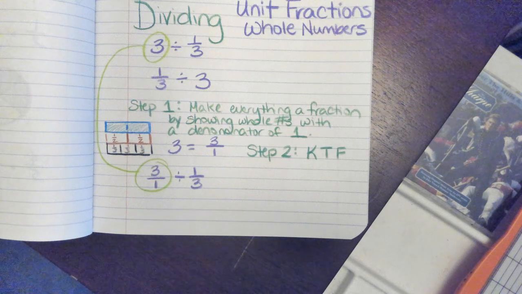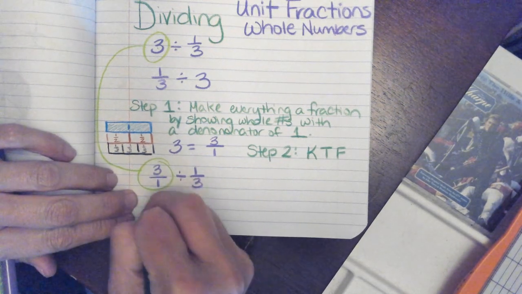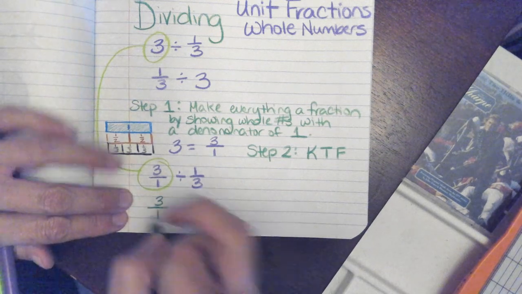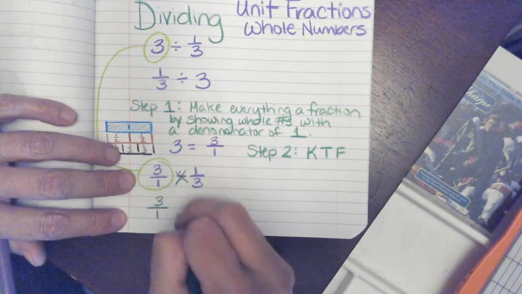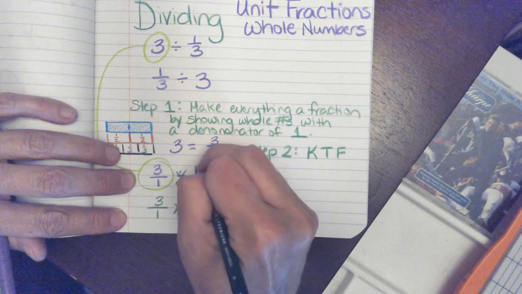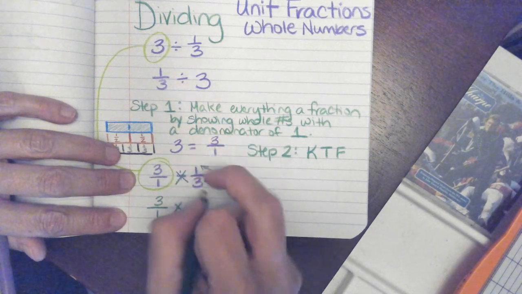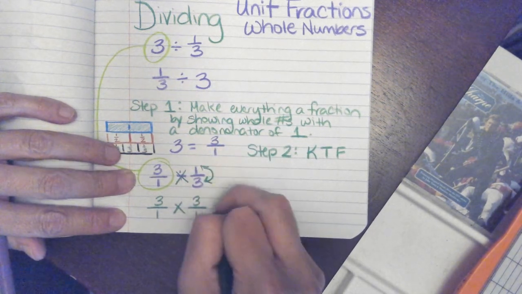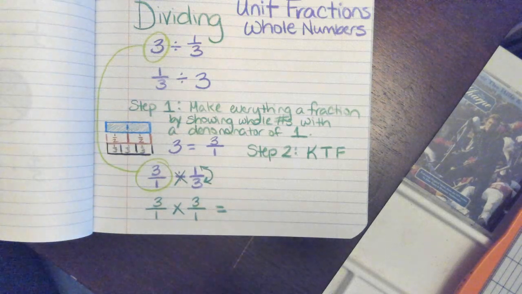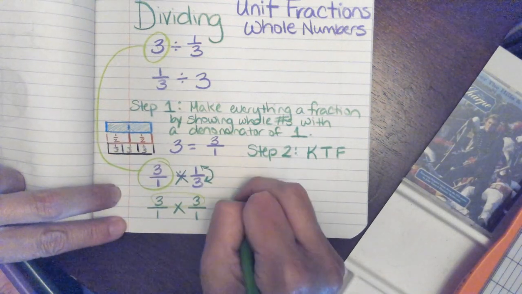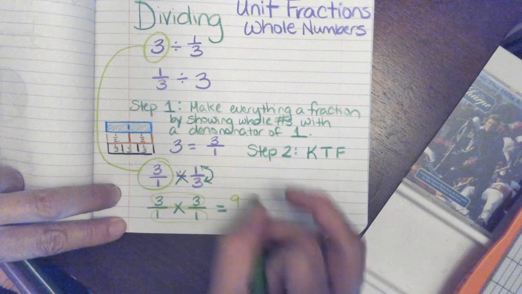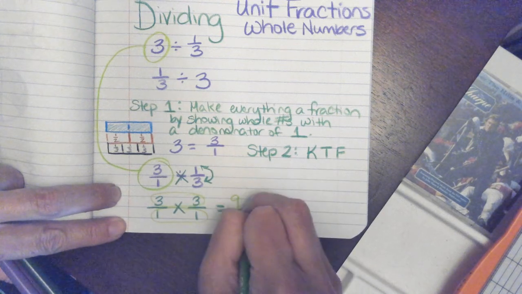Keep 3 over 1, times, flip. Now that I'm multiplying, I just do it. 3 times 3 is 9. 1 times 1 is 1.